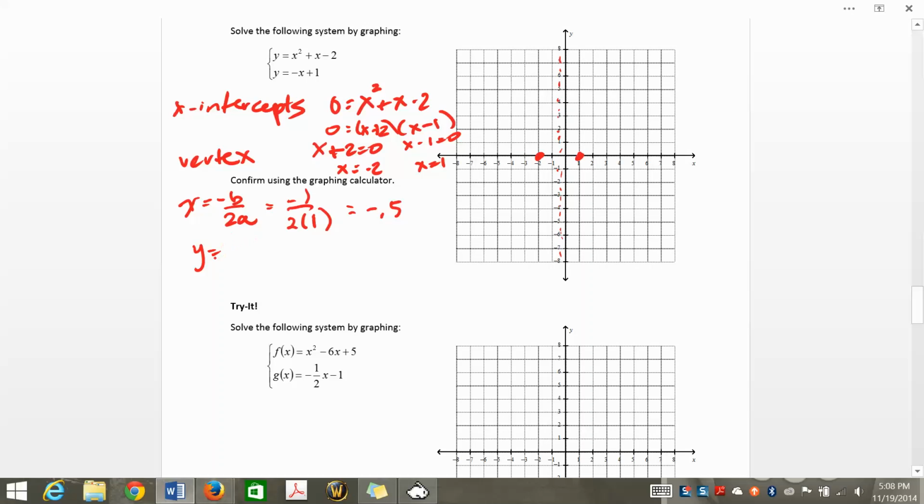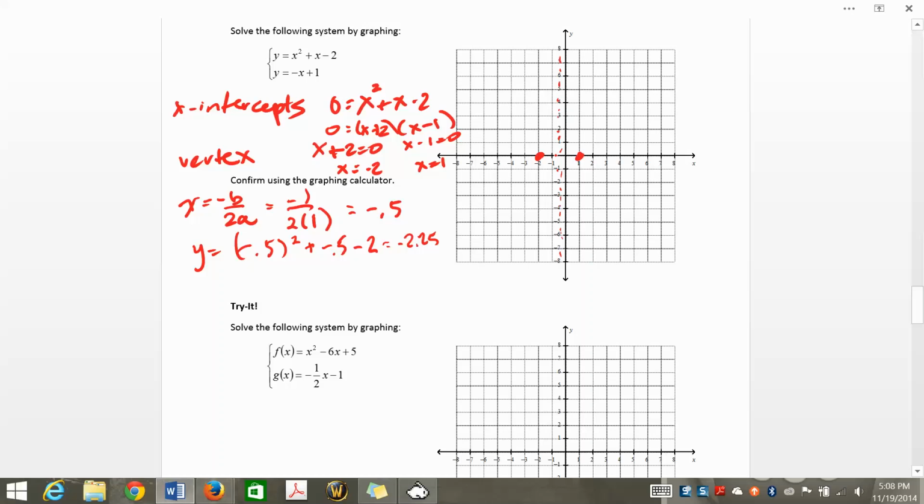Next, I'm going to try to find the y-coordinate for my vertex so I can actually plot a point on that line. What I'll do here, take the negative 0.5 and plug it in for x. So I'm just going back to the original formula up here: negative 0.5 squared plus negative 0.5 minus 2. And if I evaluate all of that, this gives me a positive 0.25 minus 0.5, and a minus 2 gives me a negative 2.25 for a final point.